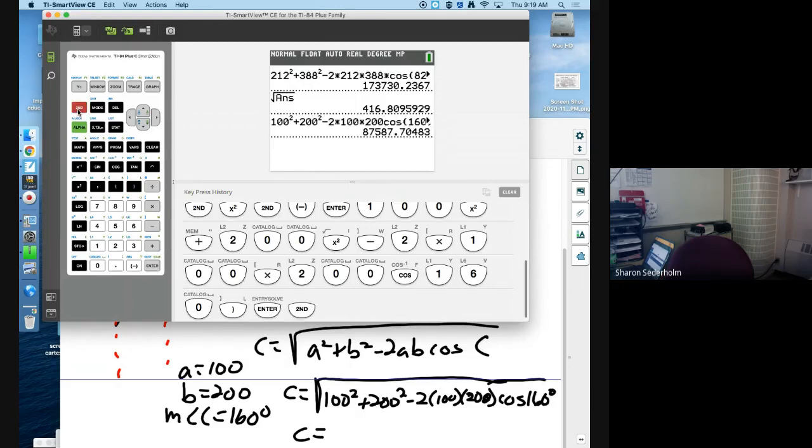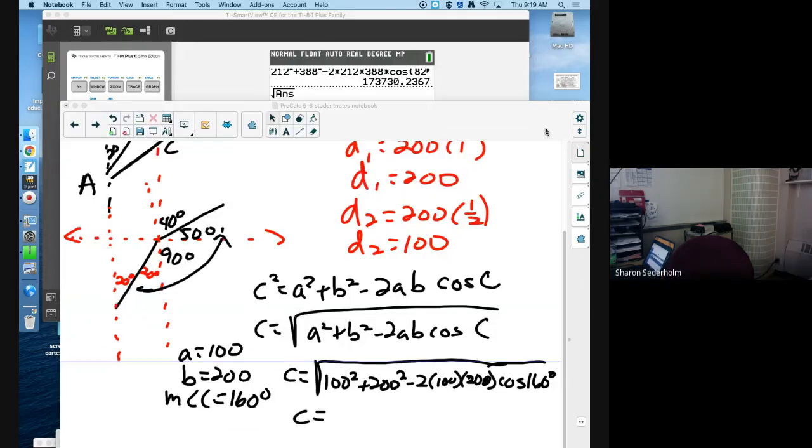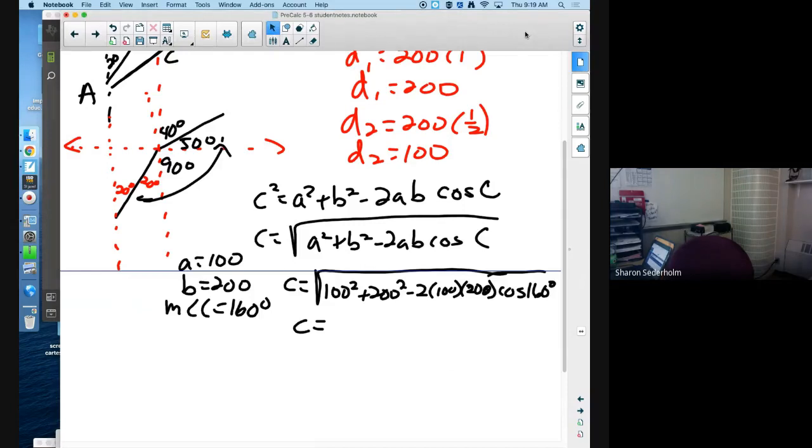And second square root of that monster, 295.952. And let's see, miles? Or did they give us European kilometers here? Miles per hour, so this was in miles. All right, so there's the distance.